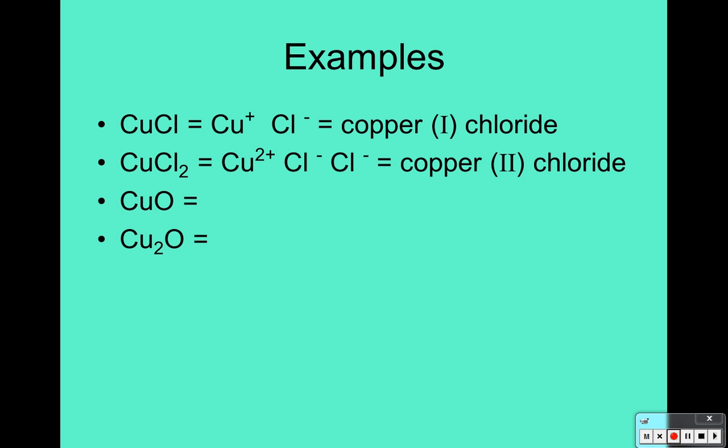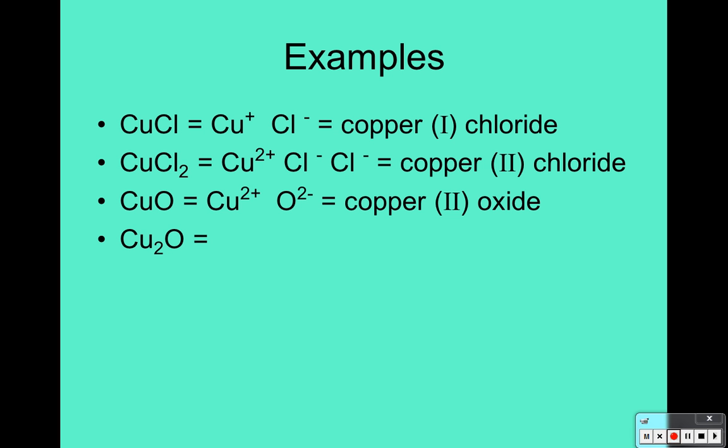So now try CuO. The ions you should have gotten were O2 minus, because that's what oxygen is, and then Cu2 plus, meaning the name is copper 2 oxide. Notice in both the second and third example it's copper 2, because in both cases we're talking about the copper 2 plus ion.